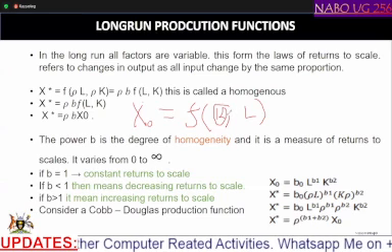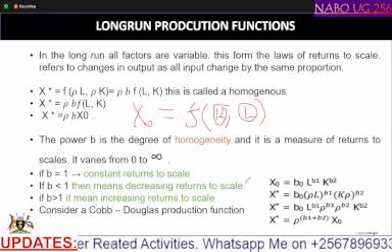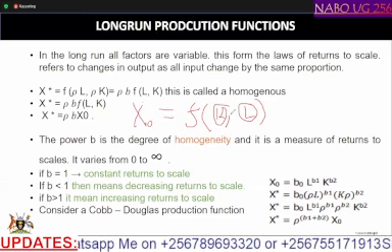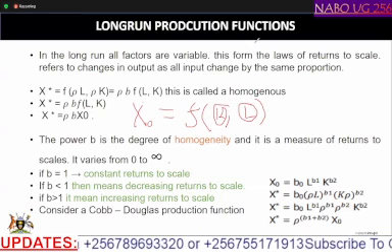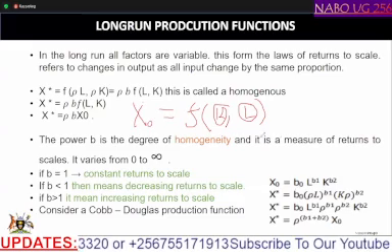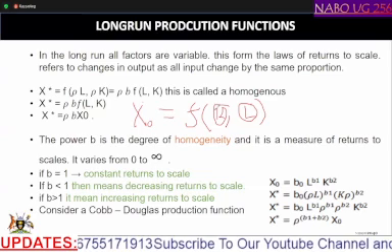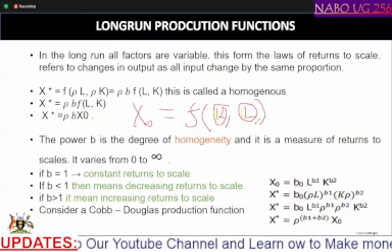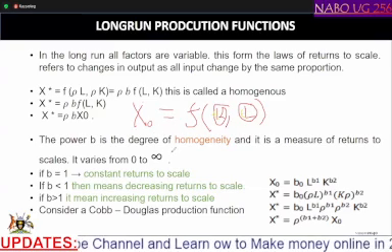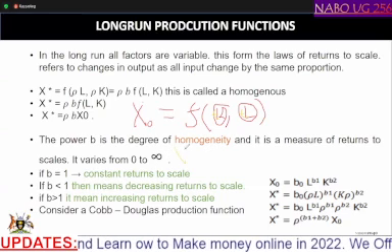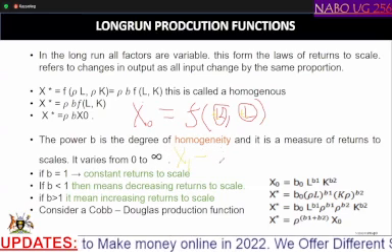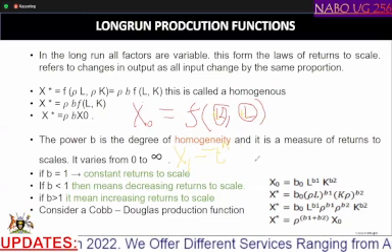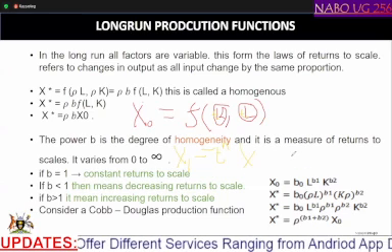Now, when you allow that to increase, it implies that if the inputs increase by a given factor, let me call it T, output also increases by the scalar T. If your output X1 increases by that scalar T to the power n, that means that such a production function will be homogeneous.